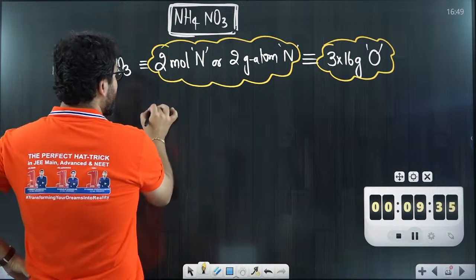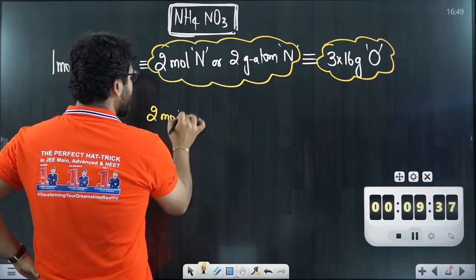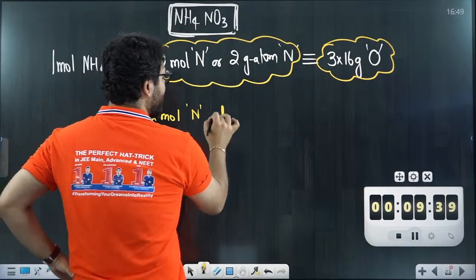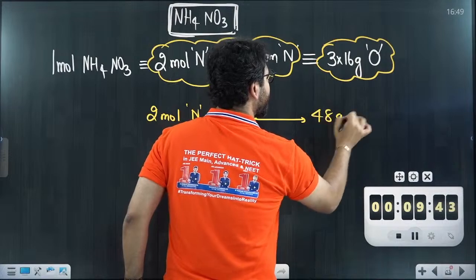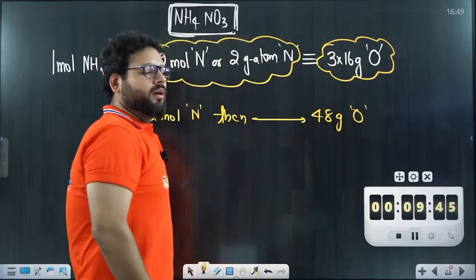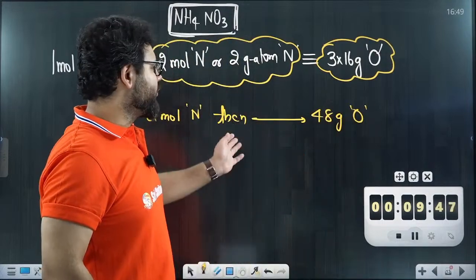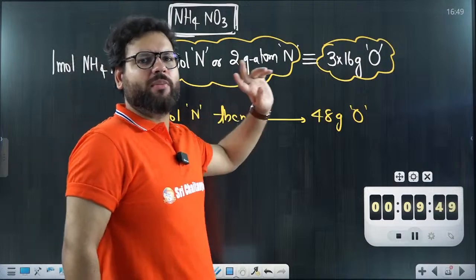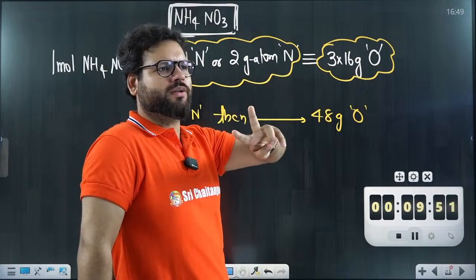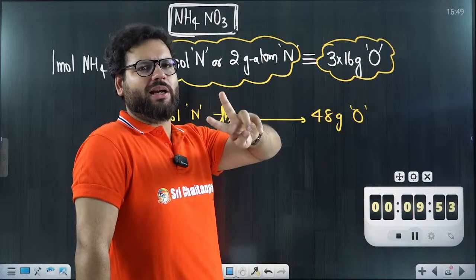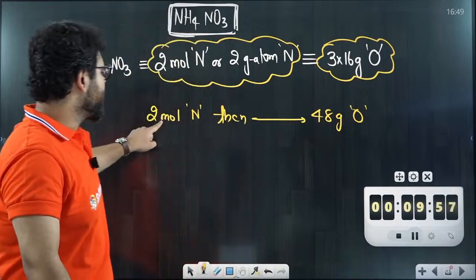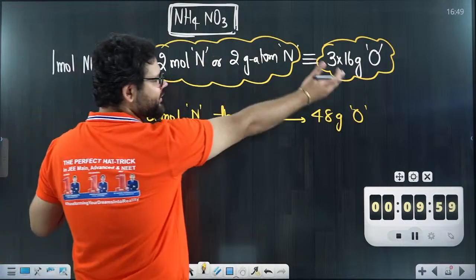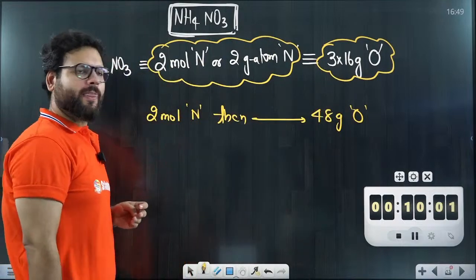So when 2 mole nitrogen is available, then oxygen is 48 gram. In ammonium nitrate, there are 2 nitrogens and 3 oxygens. So 2 nitrogens means 2 mole nitrogen, 3 oxygens means 48 gram oxygen.